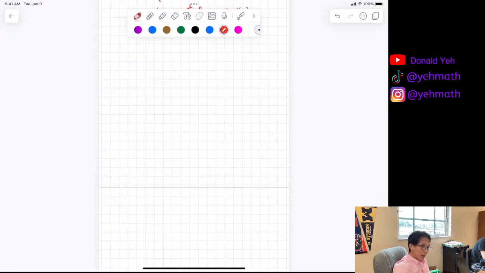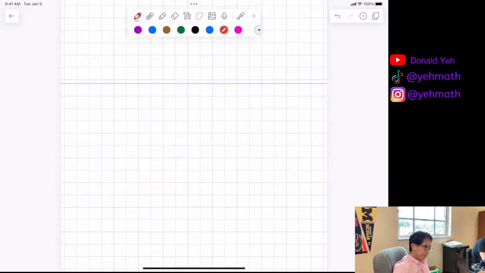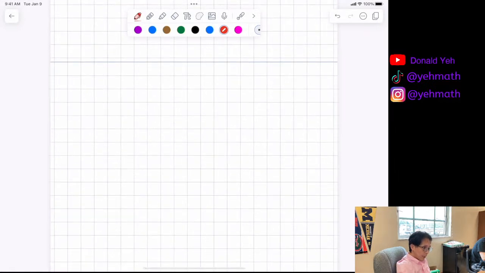This is another question that I will talk about on Friday. I just say f of x is equal to 4 minus x squared.